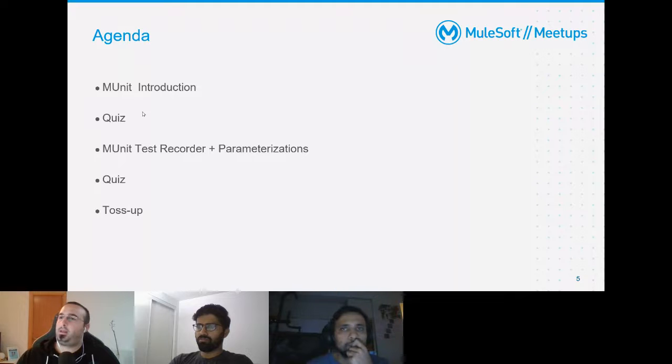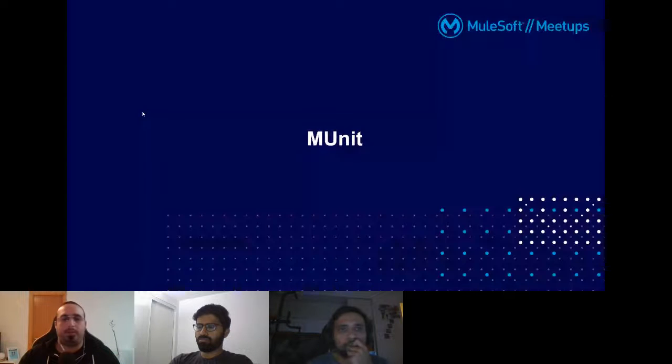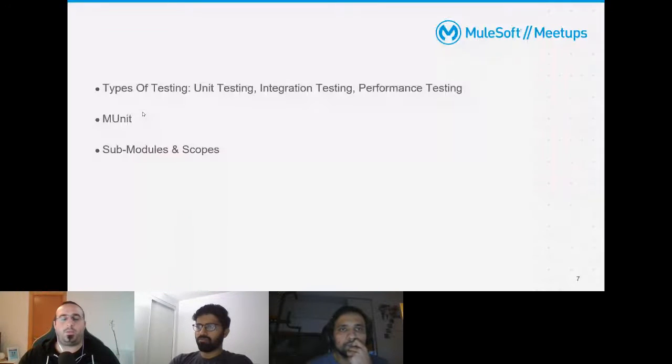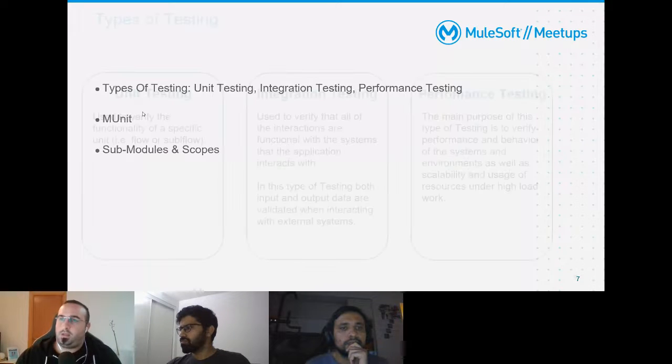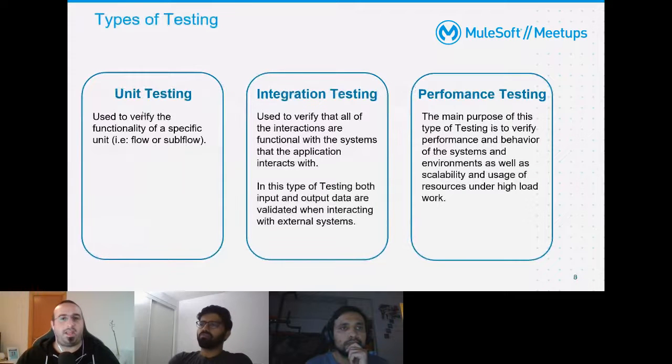Okay. So to start with MUnit, first let's see something very quick about types of testing and MUnit and something called submodules and scopes. Basically, there are different types of testing, but I think we are more familiar with these three, which are unit testing, integration testing, and performance testing.